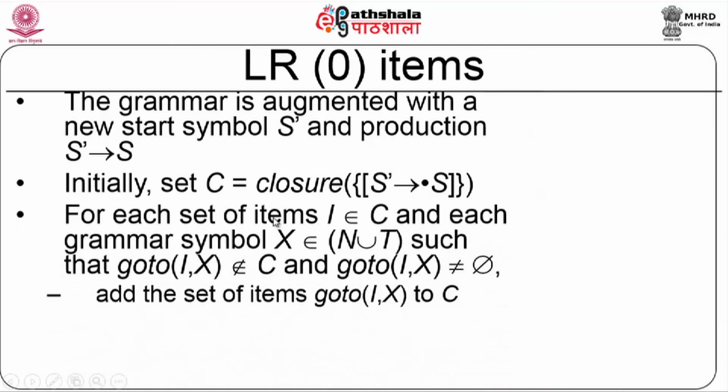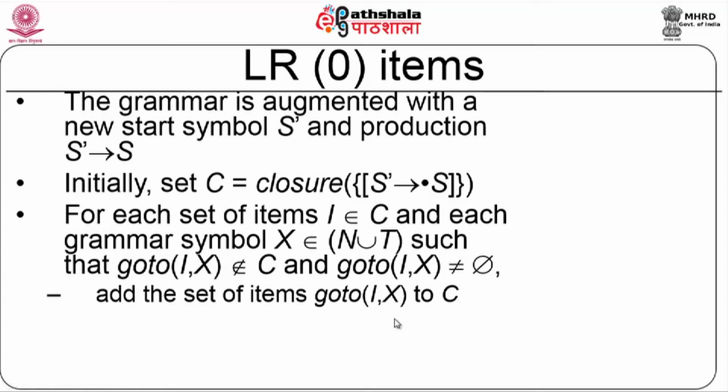And then for each set of items I belonging to C, C is your closure, and for each grammar symbol X belonging to non-terminal union terminal such that goto of I comma X does not belong to C and goto of I comma X is not equal to null, add the set of items goto of I comma X to C. For each of the non-terminals and the terminals, you have to find goto of I comma X. If it is not already available in C, and it should not be empty also, you add the set of items goto of I comma X to C. Now, what is this goto computation?